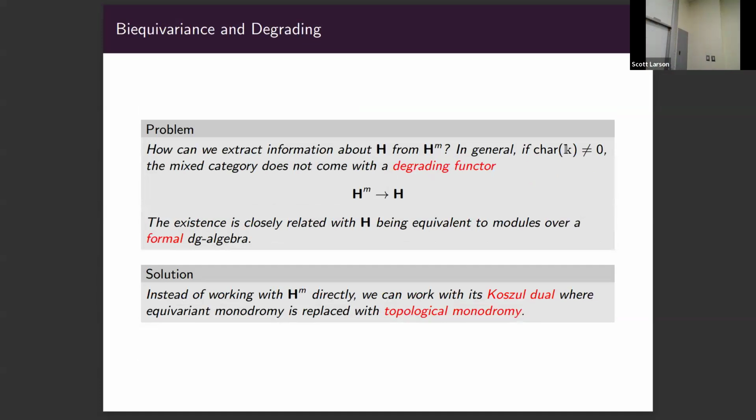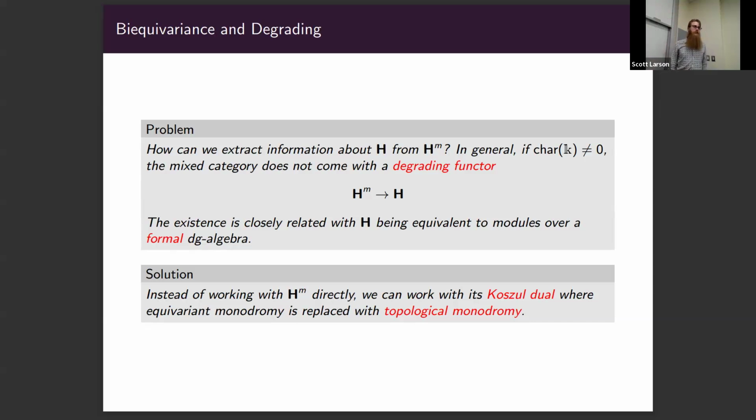And so in characteristic zero, there's always this sort of functor that takes you from the mixed thing to the non-mixed thing. It's sometimes called a degrading functor, which is a really funny name. Anyway, it doesn't always exist in positive characteristic. And the way to think about this is that in positive characteristic, on the non-mixed side, you can give it some description in terms of DG modules over some fairly large endomorphism algebra.